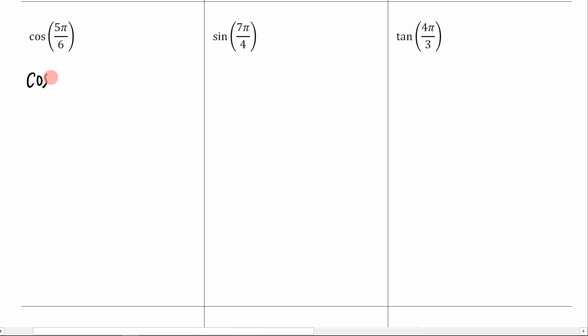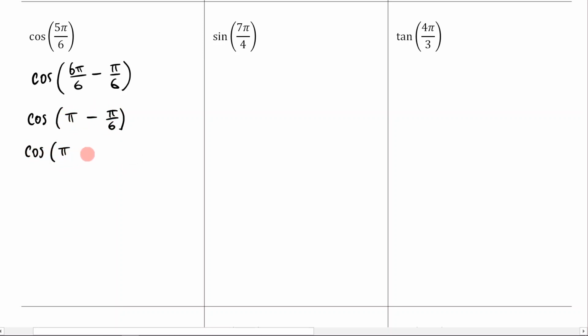So I have cos of 5 pi on 6. What I'm going to do is break it up into 6 pi on 6 minus pi on 6. Do you see how I have this pi on 6 component? That's very important. And it's also important that because it's 6 pi on 6, it's just pi, because these 6's will cancel, and I'm just left with pi minus pi on 6. Now what we need to recognize is that this is what we've seen in previous lessons.